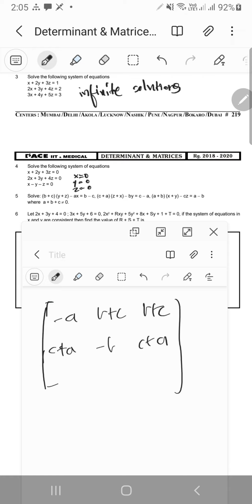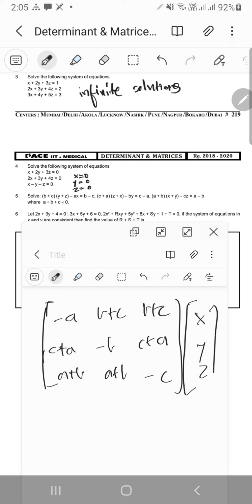And what's the last one? The last one would just be a plus b and minus c, and that times the vector x y z.